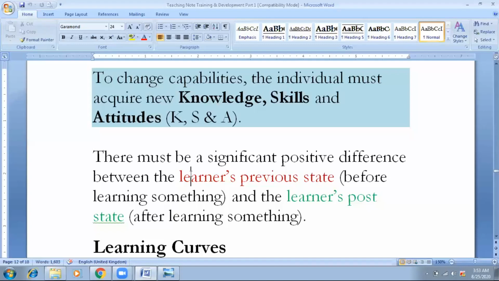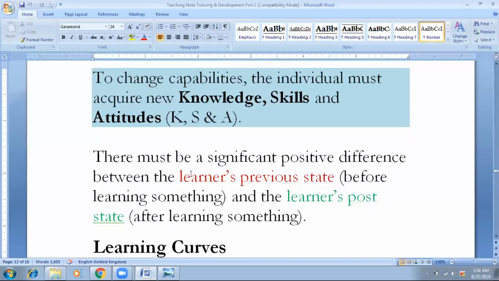The learning has taken place when the learner makes better decisions compared with previous decisions made. Assume we have a manager who made wrong decisions, but he got a special training. Now he can make right decisions. That means the learning has occurred within that manager. That's why the manager can make right decisions now, which he couldn't make before the training.